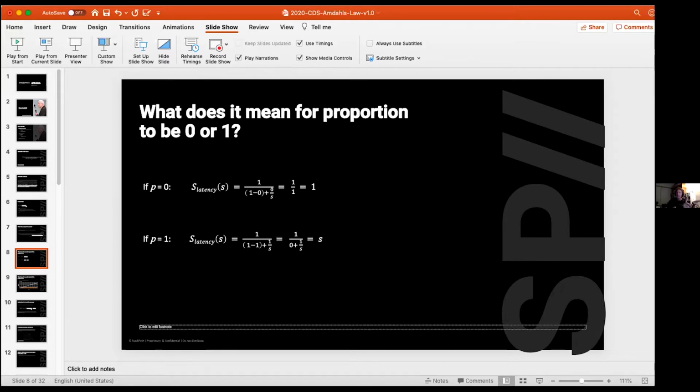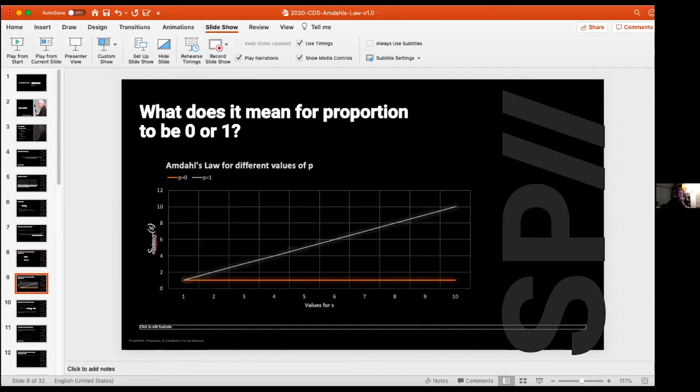But if we get a perfect linear speed up, so given some speed up little s, that means the maximum speed up of the entire task, as opposed to just a proportion of the task, is going to be equal to that original value little s. So it means it's going to increase perfectly linearly. So if s is 1, we get perfect linear speed up, which looks like this. So it defines our solution space.